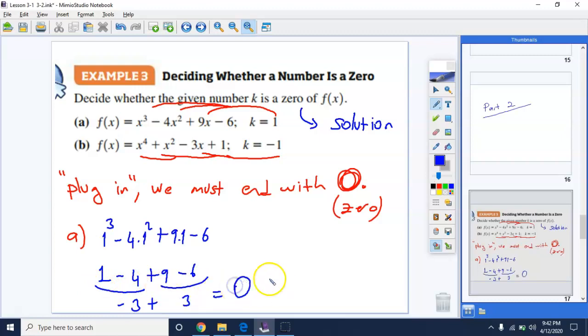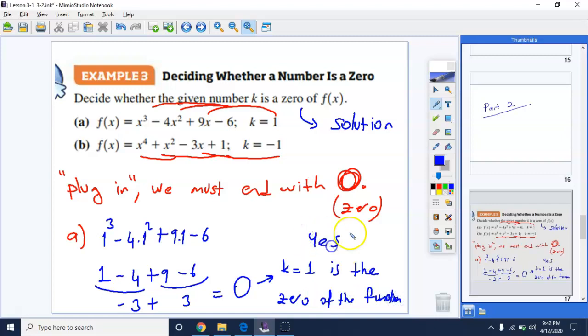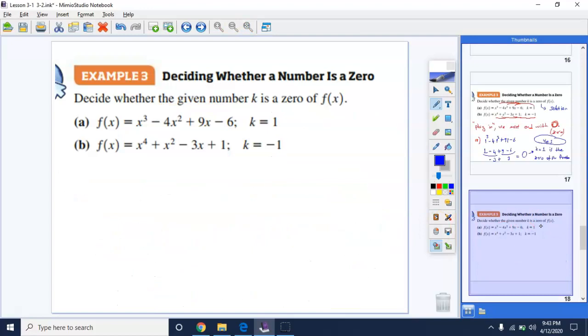Oh, here we are, we got a 0, which means that for this function, k equals 1 is a 0 of the function. We can say yes. That's my answer. Yes, A is yes. We've done A already, it's a 0 of the function.